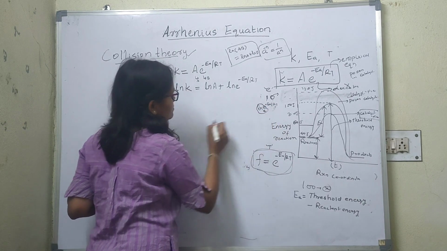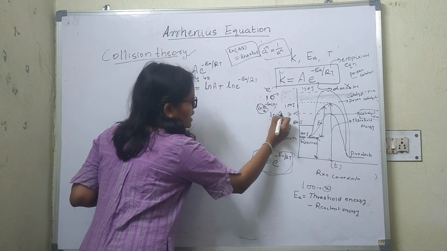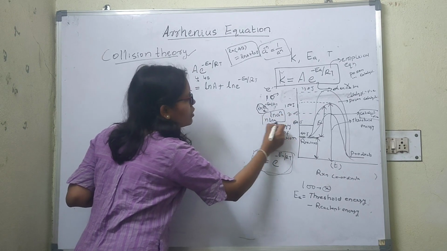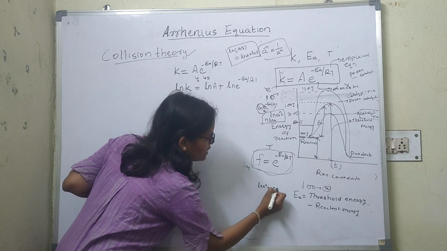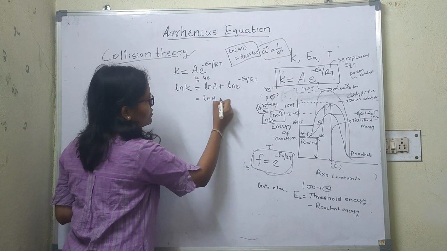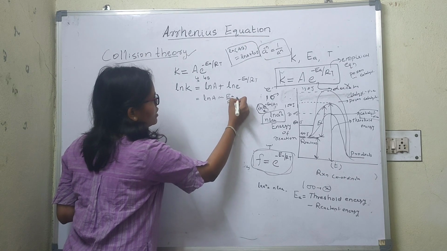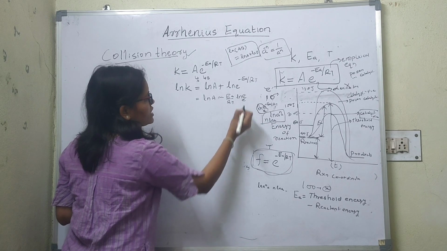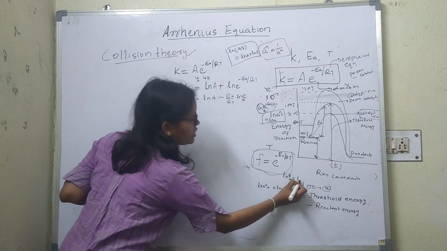So you can take ln A power n as n ln A. So this is also one formula. I hope you all know this basics. So I can write this as ln A minus EA over RT ln E. The base of ln is E, so ln E base E will be equal to 1.